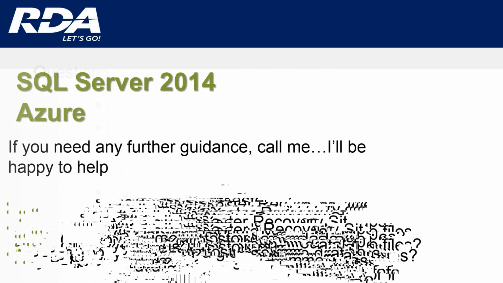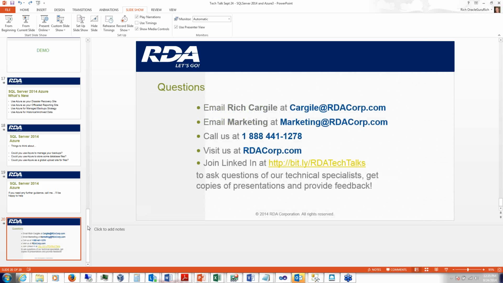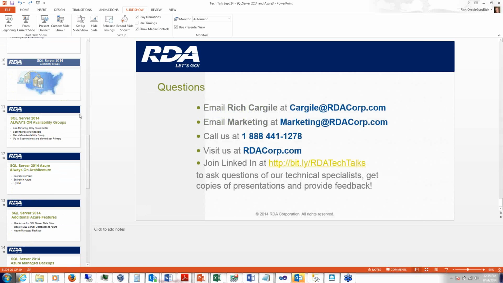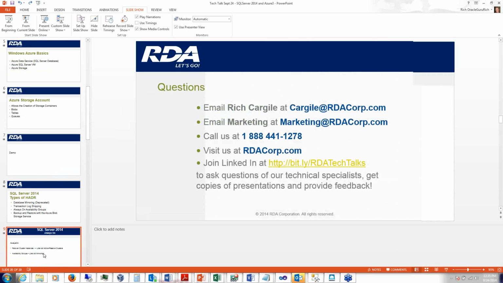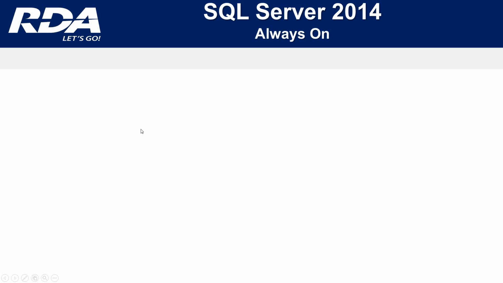Can you elaborate again on the difference between always-on availability groups and always-on failover cluster instances? Sure. Always-on was introduced in SQL Server 2014, and it covers two primary technologies.